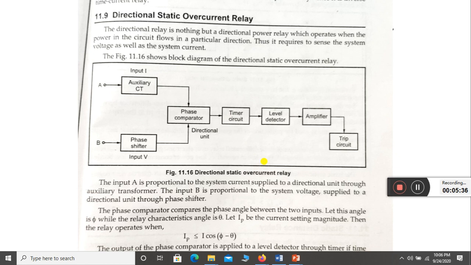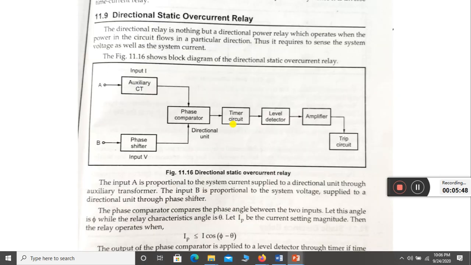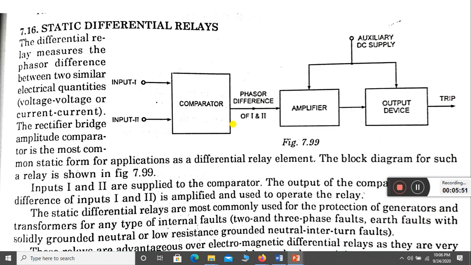Next we will discuss the static differential relays. As the name implies, the differential relay measures the phasor difference between two similar electrical quantities, whether they are voltage quantities or current quantities.